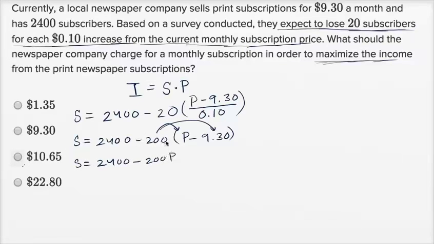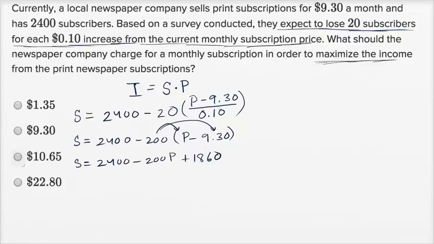and then negative 200 times negative $9.30. Let's see, 2 times $9.30 is $18.60. But it's going to be $1,800, and instead of $18.60, it's going to be $1,860. So plus $1,860. That's negative 200 times negative 9.3.